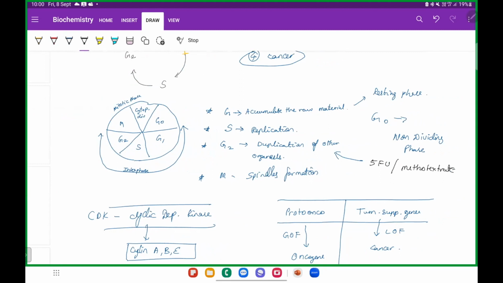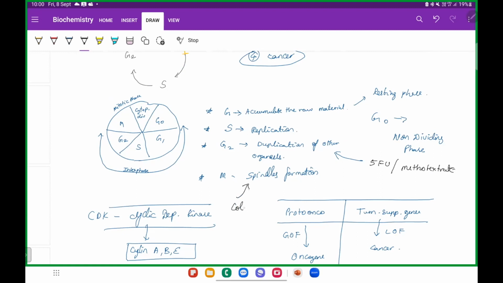5-fluorouracil and methotrexate are thymidylate synthase inhibitors, or DHFR inhibitors. They inhibit dihydrofolate reductase. Then you have colchicine, paclitaxel, and vinca alkaloids. They block your mitotic spindle formation.